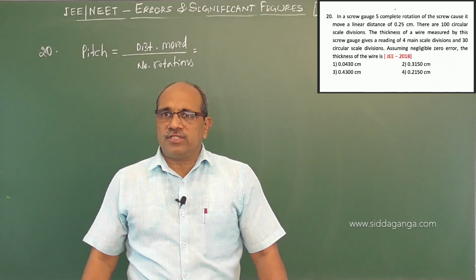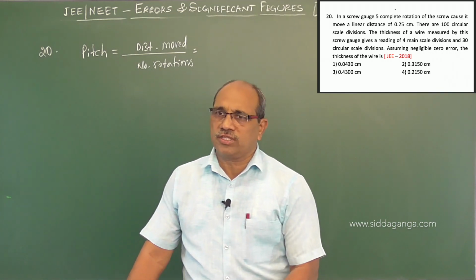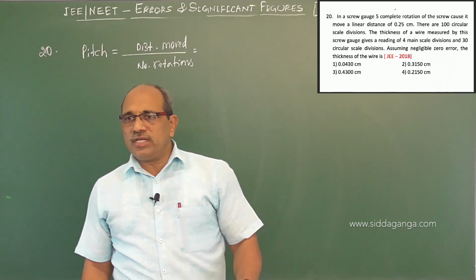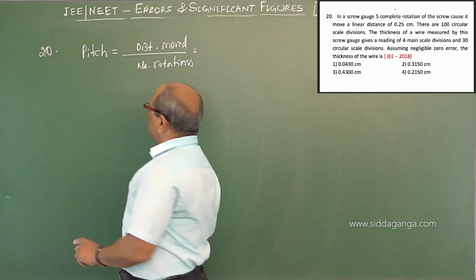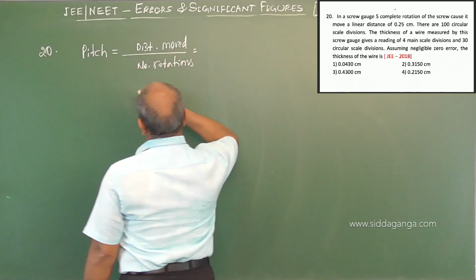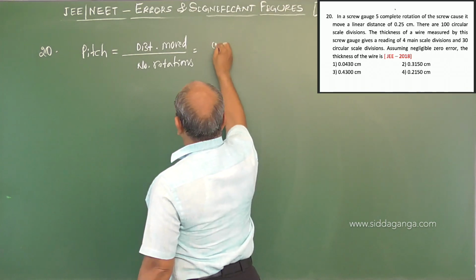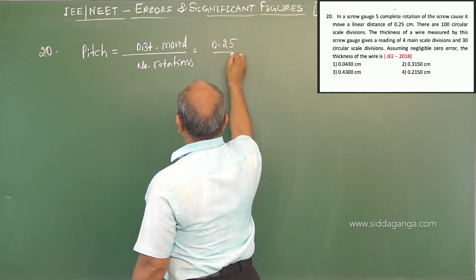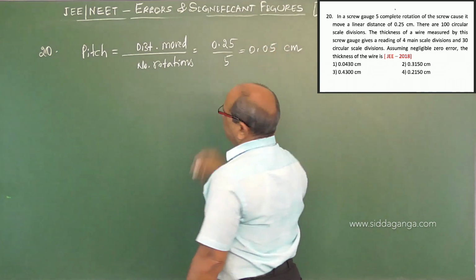The thickness of a wire measured by this screw gauge gives a reading of 4 main scale divisions and 30 circular scale divisions. Assuming negligible error, the thickness of the wire is? First, pitch means how much one division of the main scale reads. It is 0.25 by 5, 0.05 centimeter.